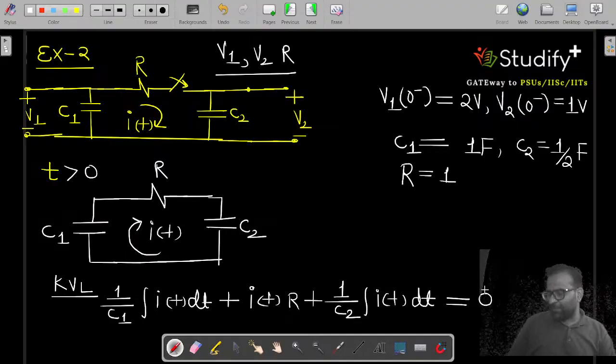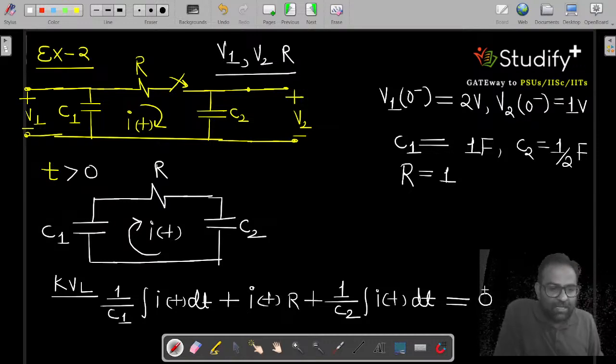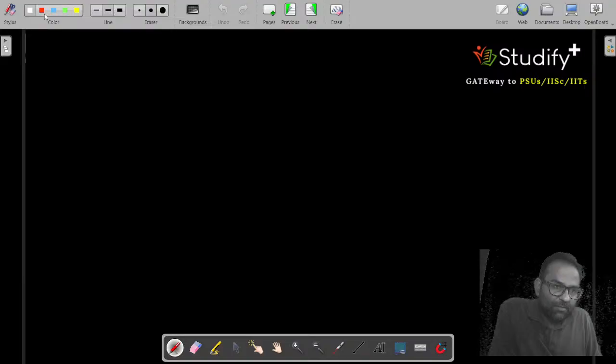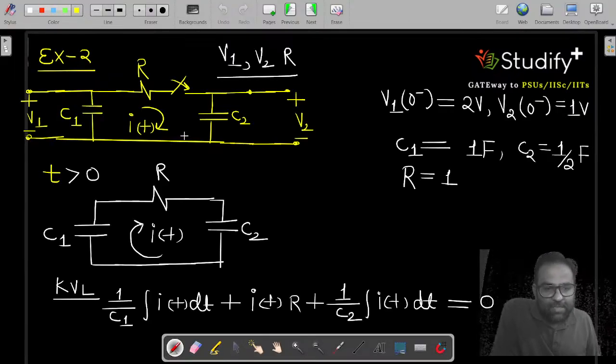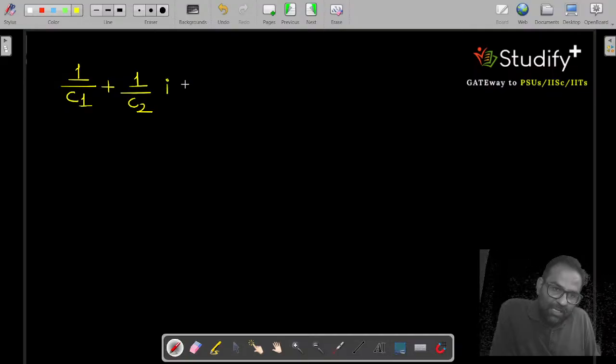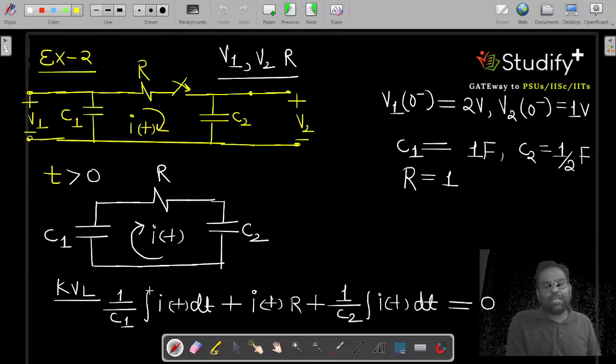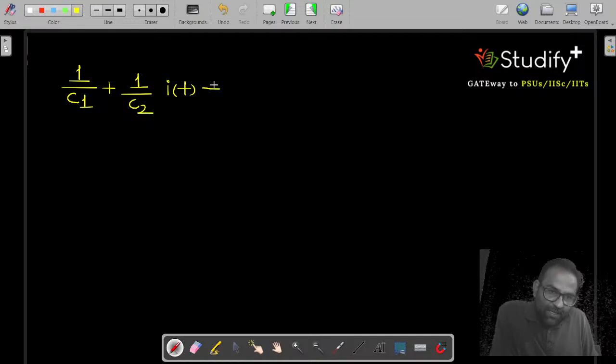If the current is the same in all components, can I say, if I differentiate this differential equation, this is 1 by C1 plus 1 by C2 into i(t), because we are integrating it, so we are differentiating it, so the integration will be cancelled, and plus we are having di(t)/dt into R equal to 0.